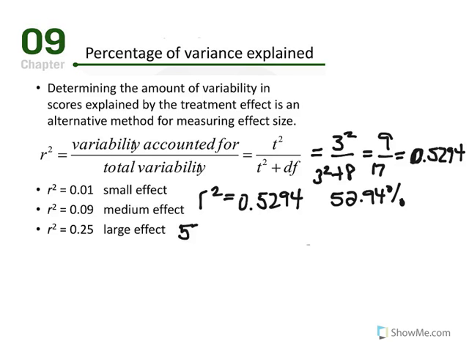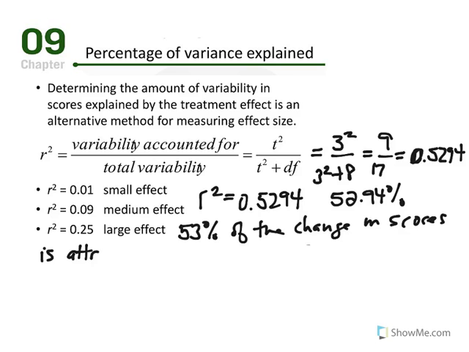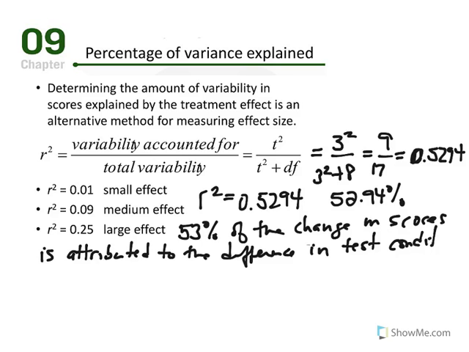So we would say that approximately 53% of the change in scores is attributed to the difference in test conditions. And those test conditions were the unattractive face versus attractive face.